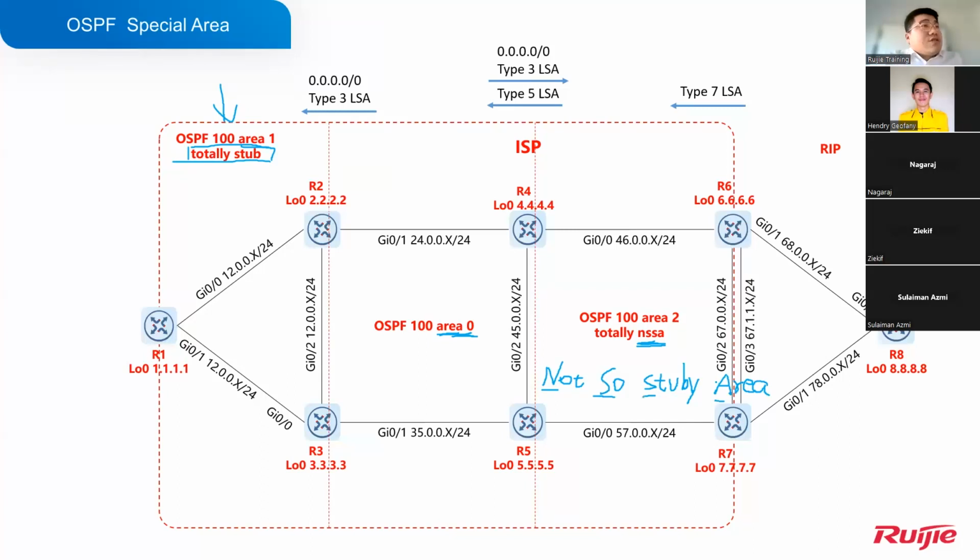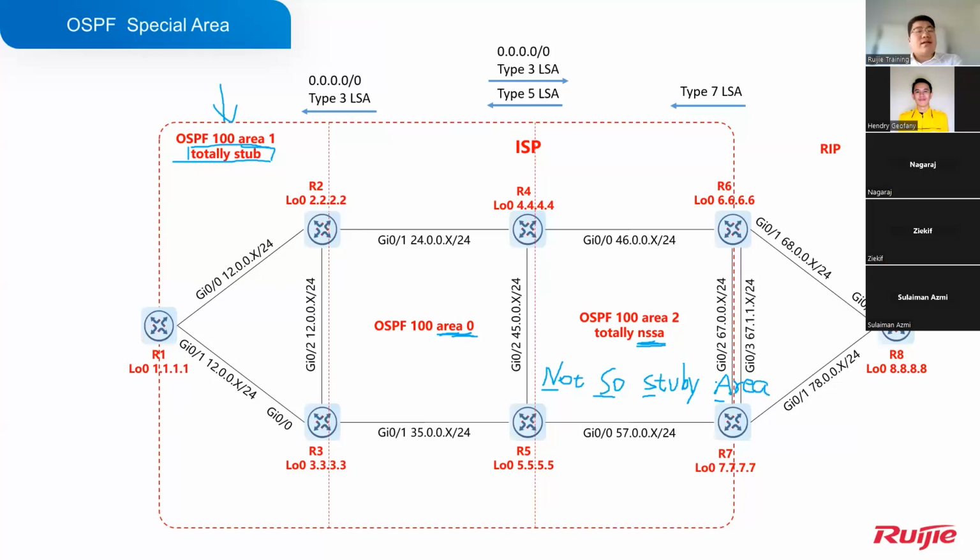The reason why it's not so stubby is that it's besides the backbone area. It could be a stub, but at the same time, it's connected with another AS, right?